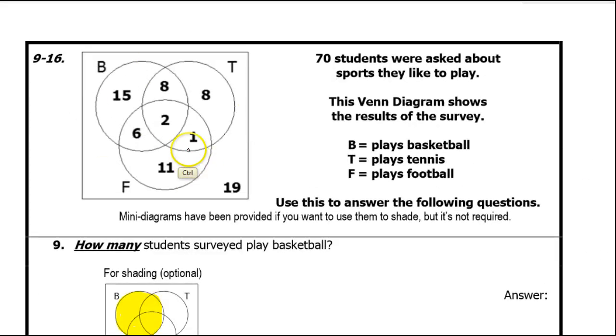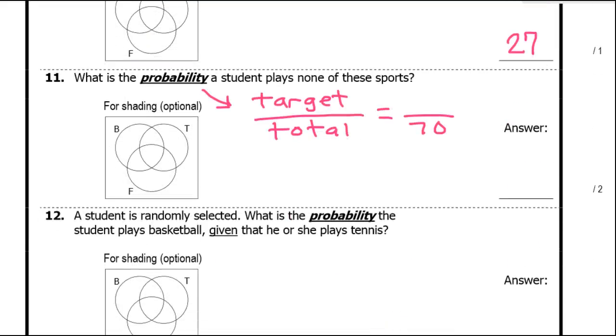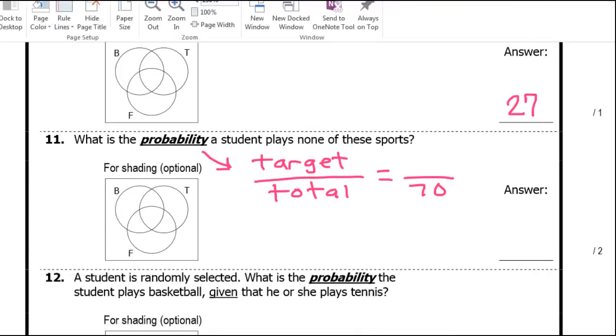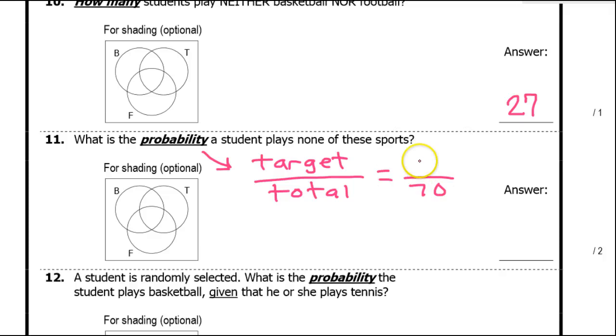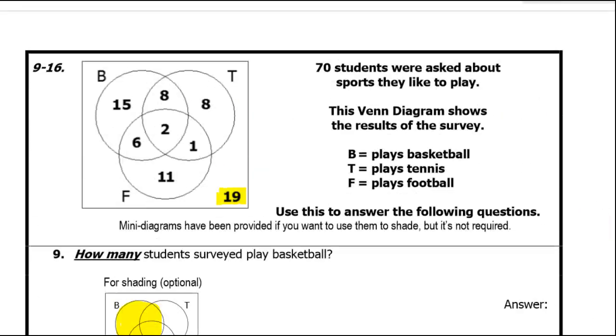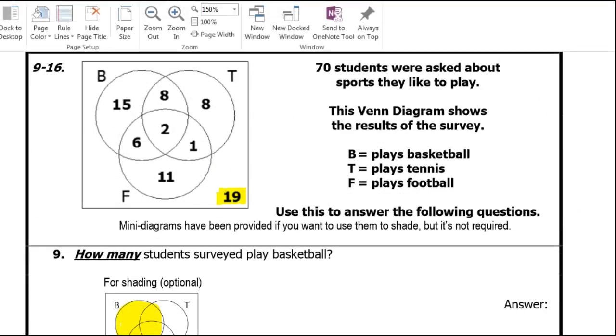Which number represents students that play none of these sports? The 19, it's outside of all the circles. So 19 students play none of these sports. So that's why it's going to be 19 over 70. I'll just copy it down here, 19 over 70. Okay, let me erase that.